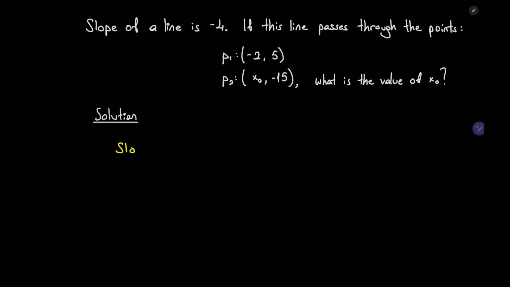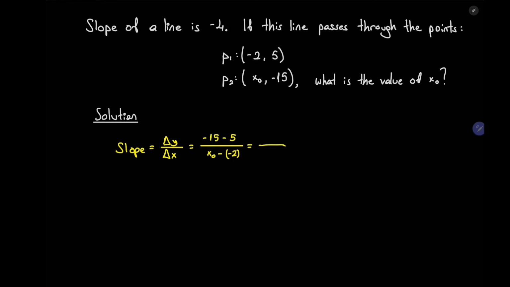Slope equals to delta y over delta x, which is minus 15 minus 5 over x0 minus 2.